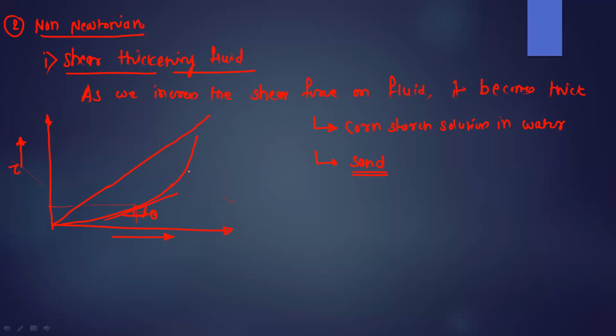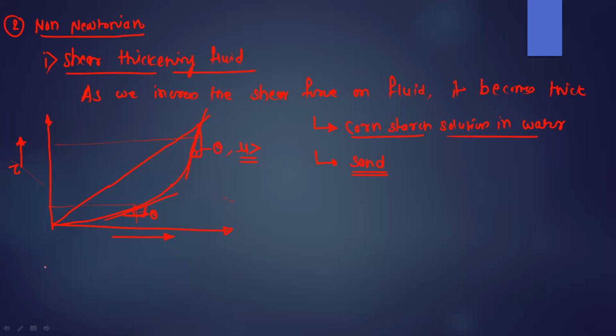Definitely it will have low viscosity, but suddenly if we increase the value of stress, if you select this point, it will have the large slope, and therefore it will have the high value of viscosity. So it behaves as a hard fluid. So this cornstarch solution in the water is a shear thickening non-Newtonian fluid.